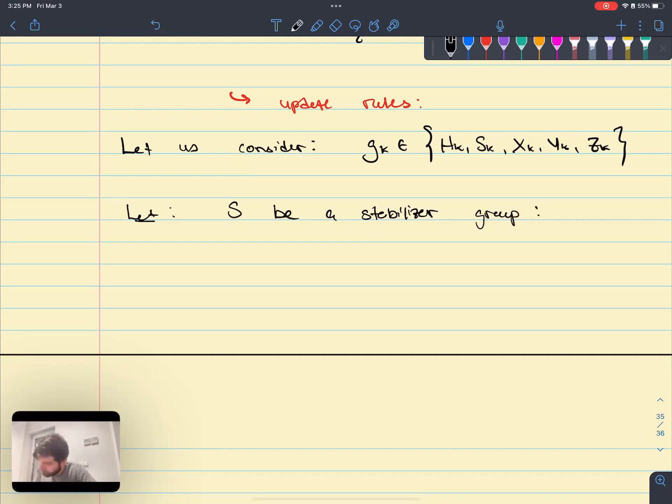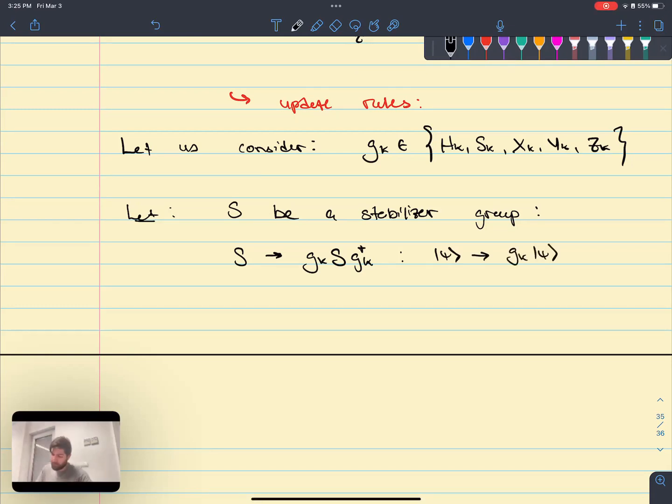Group. Then what we have is that the action of G maps S to GK S GK dagger. And this induces a map of psi to GK psi.